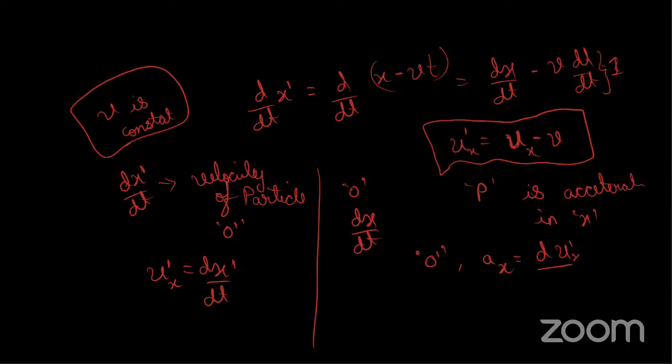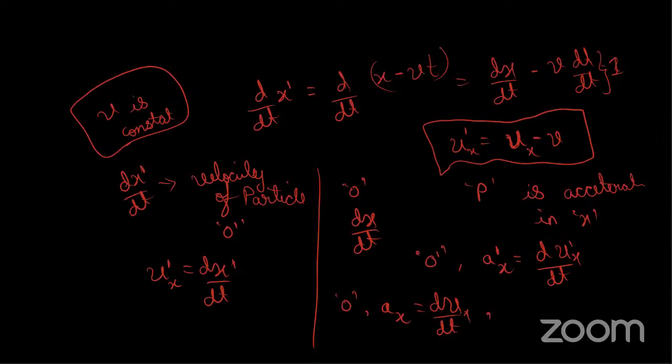So du_x dash by dt is the acceleration of the particle for an observer at O dash, which we write as a dash x. The dash is just to specify that the observer is measuring it at O dash. So at O it will be a_x, which is du_x by dt.